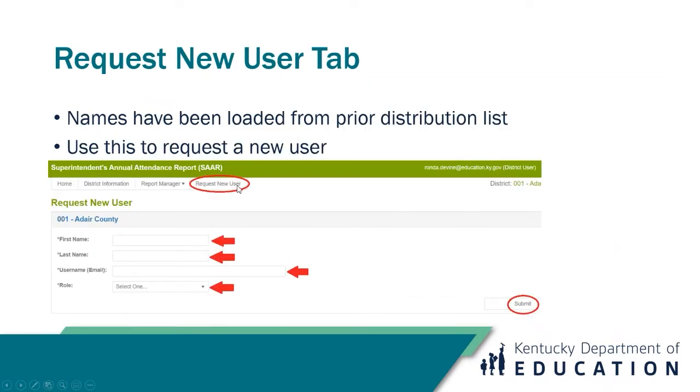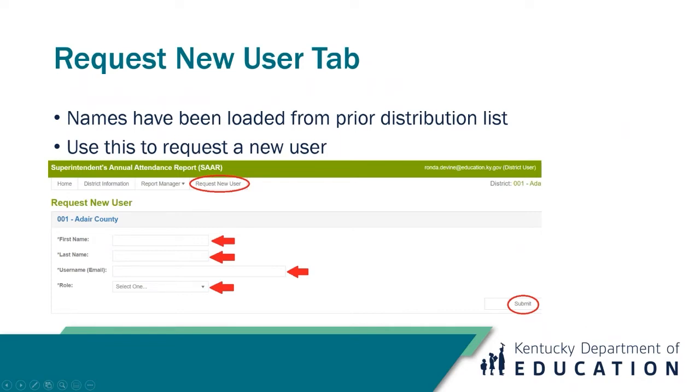And then here at the top, this is the Request New Users tab, and you'll use this to request a new user for the application. You'll fill in the first name, last name, username, which would be the email address, and then the role: superintendent, finance officer, or district user. Then you'll click Submit, and that's going to trigger an email notification to me.